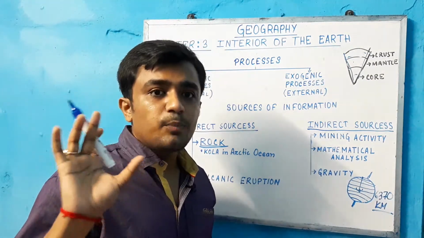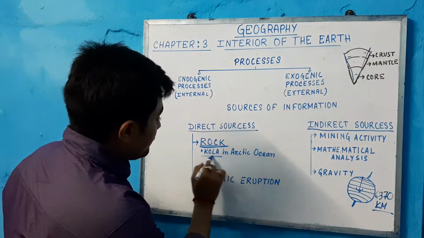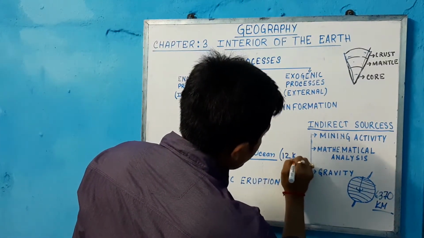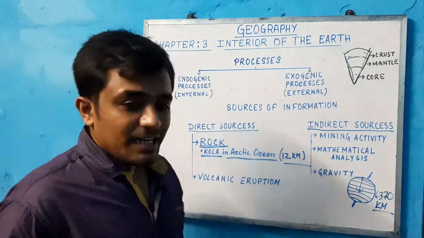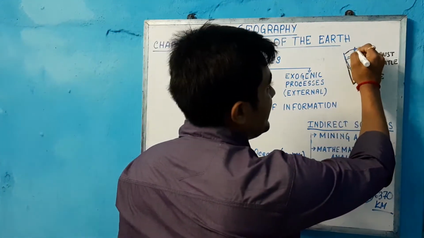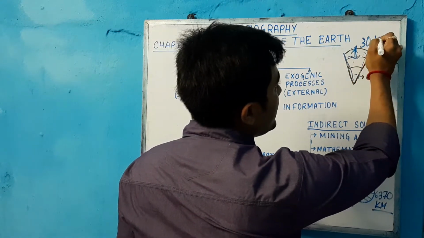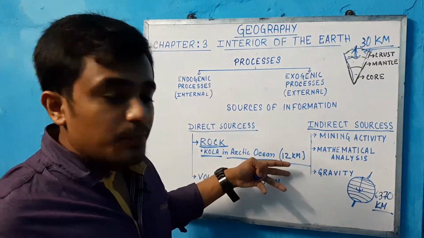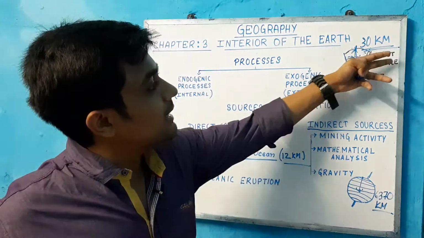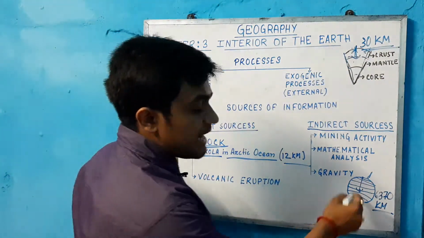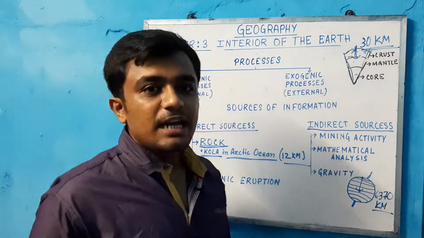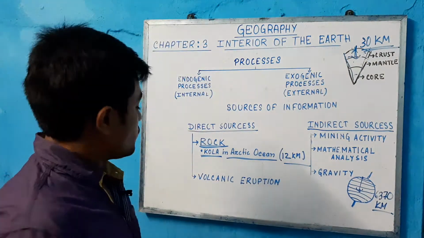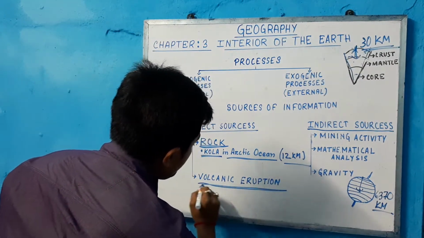The deepest drilling project in ocean at Kola in the Arctic Ocean, which is almost 12 kilometer. And the interesting fact, depth of our crust is almost 30 kilometer. Yes, and the deepest drilling project so far 12 kilometer and our crust depth 30 kilometer and the radius of the earth 6,370 kilometer. Just imagine.